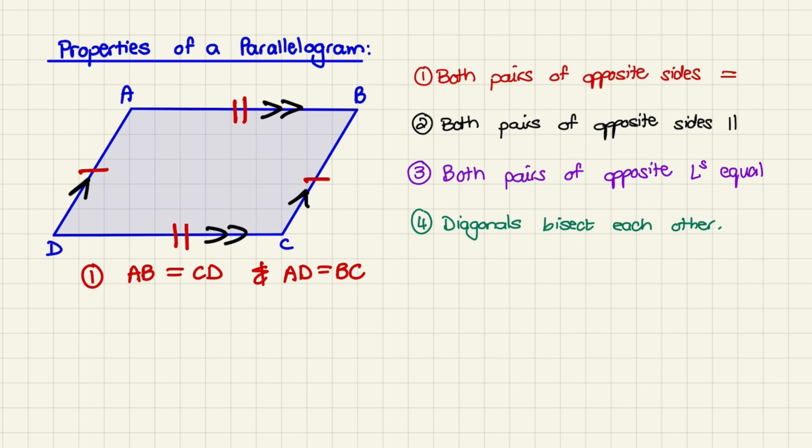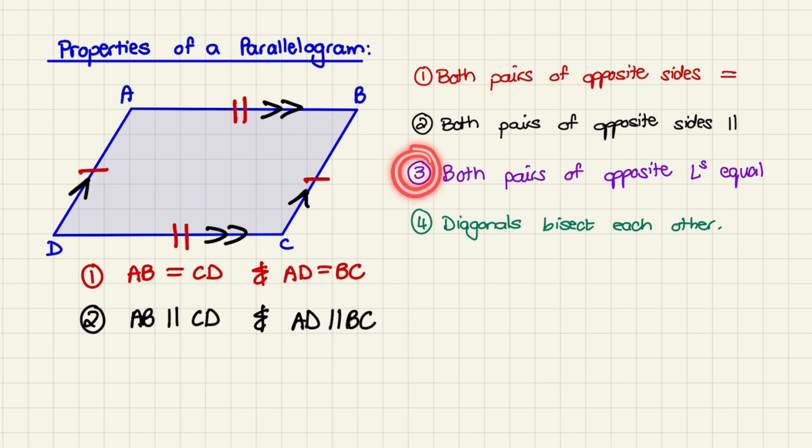Notice that AB and DC each have 2 arrows showing that they are parallel, and AD and BC each have 1 arrow showing that those sets are parallel. So how we write it mathematically is we would say AB is parallel to CD, and we can say that the line AD is parallel to BC.